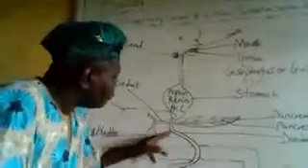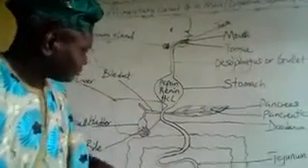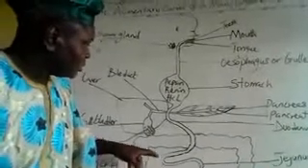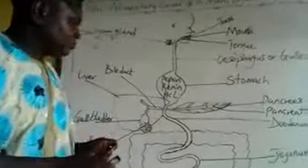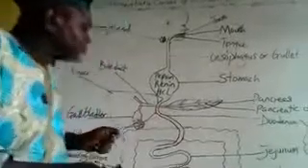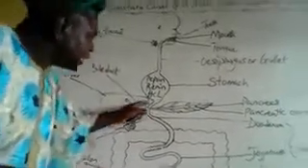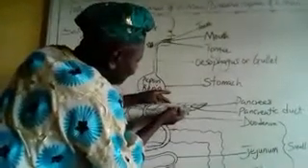After that, the food will now move downwards to where we have the duodenum. In the duodenum, we have the pancreas. Look at the pancreas.